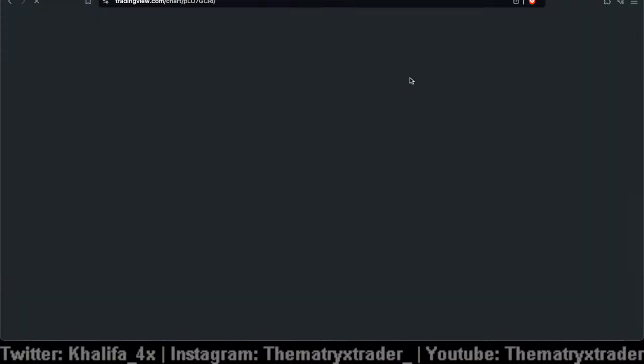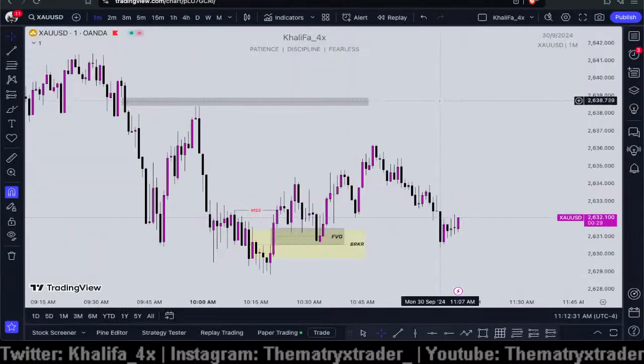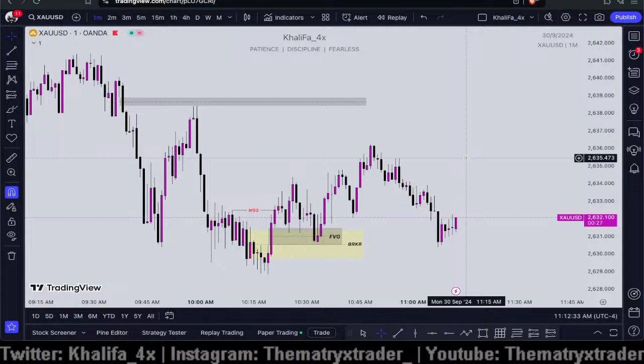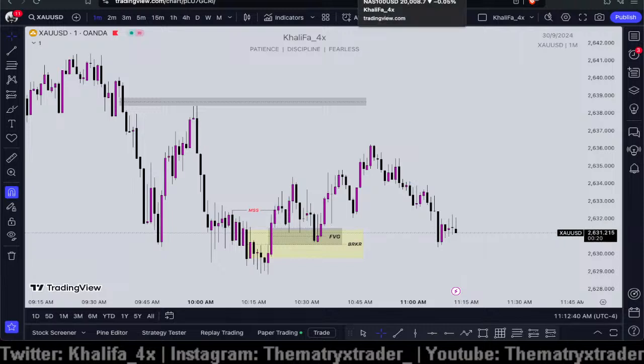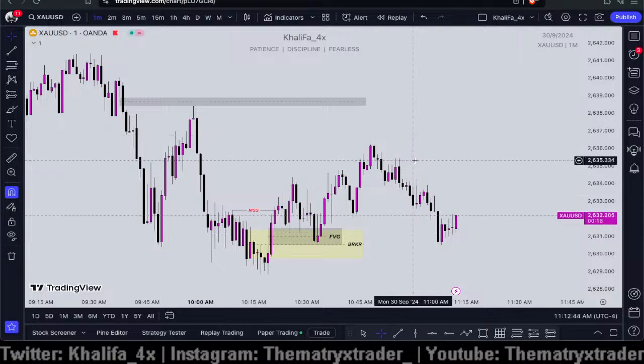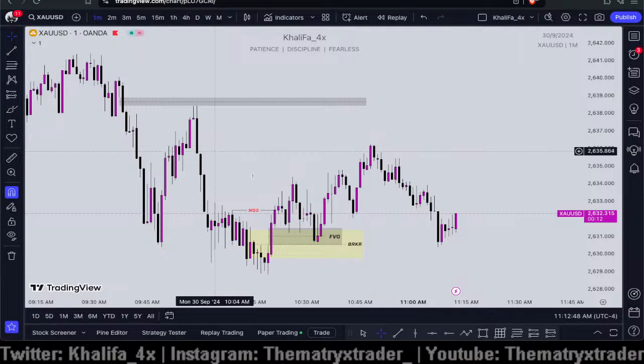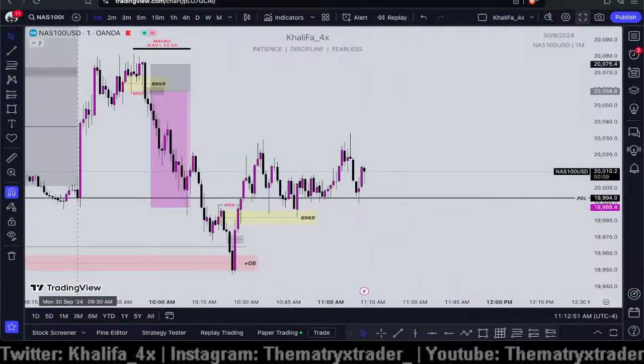Let's compare it with the SPX. The indicators would have also taken out all these on the gold as well.